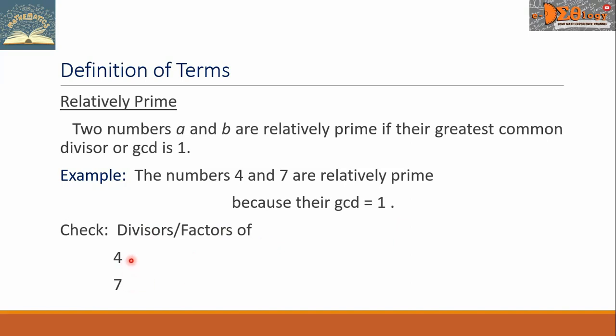Let's begin with number 4. The factors are 1, 2, and 4. For the number 7, factors are 1 and 7. We note that number 7 is a prime number. Now, with respect to the common factor, the greatest common factor is equal to 1. Therefore, the two numbers 4 and 7 are relatively prime.